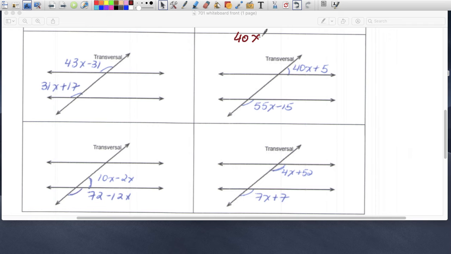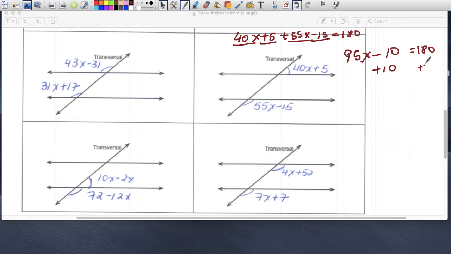So 40x plus 5 plus 55x minus 15 equals 180. 40x and 55x is 95x. Positive 5x and negative 15x is negative 10x. And that gives you 180. Sorry. Plus 10, plus 10. 95x equals 190.